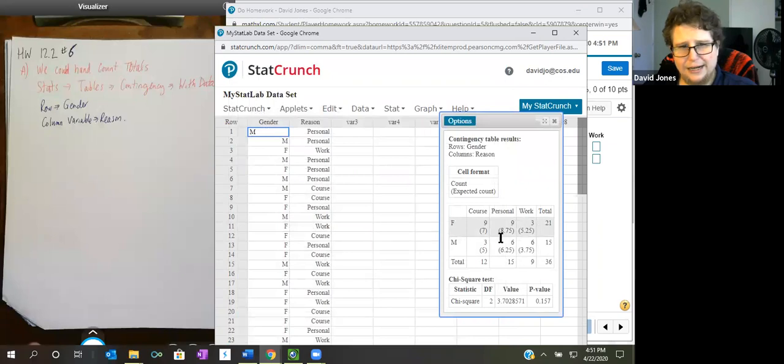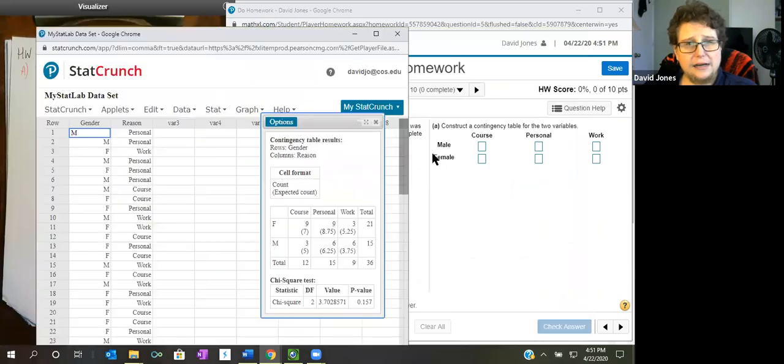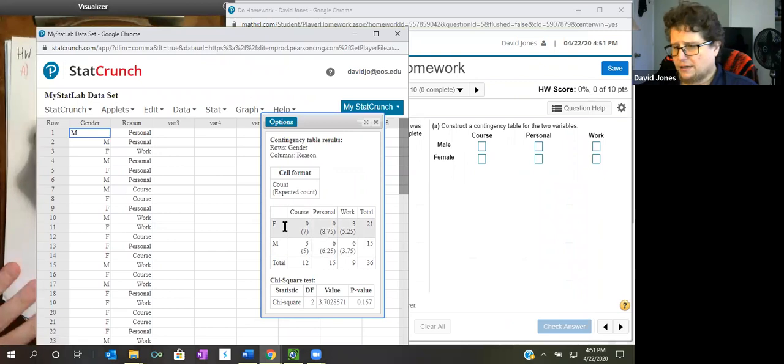These are the values right here. Notice this is male, female. This is female, male. Pay attention to that. Note, because I did this earlier and I'm like, why is it wrong? I wasn't reading the problem. They changed the order. Note StatCrunch put the rows in the wrong order.